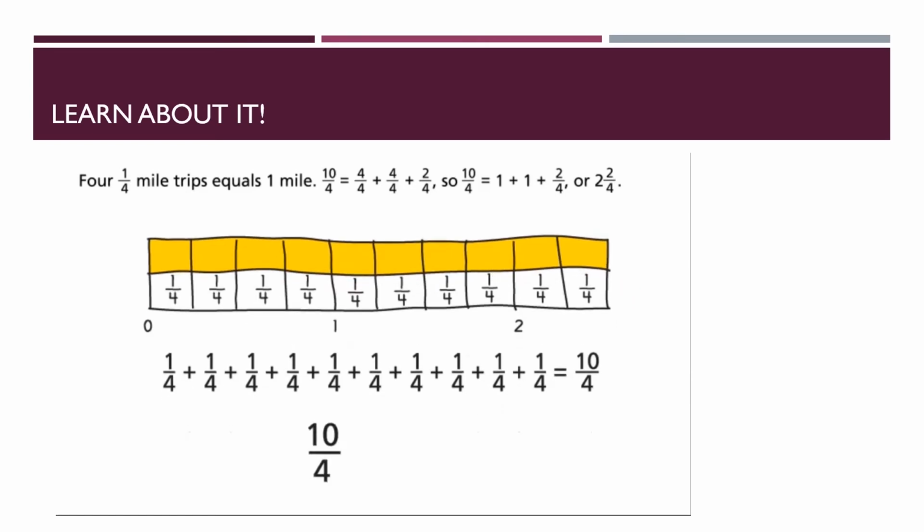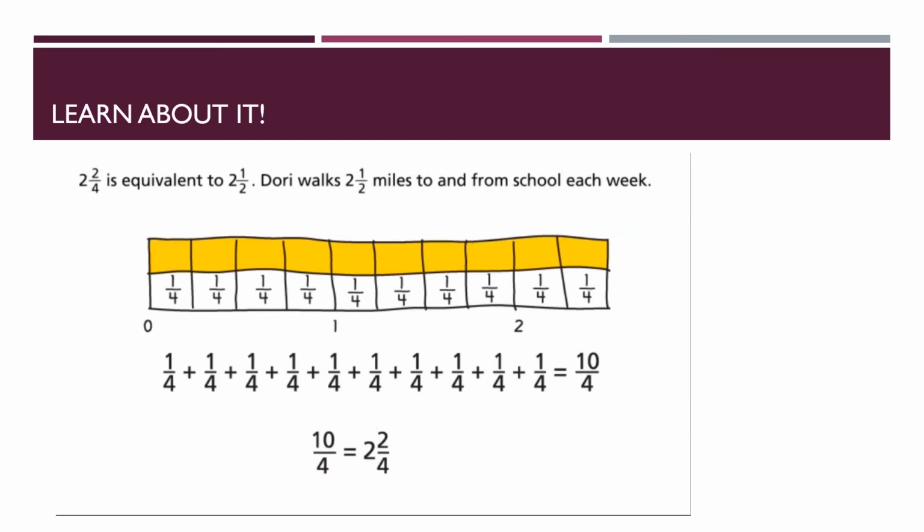So 10/4 equals 1 plus 1 plus 2/4, or 2 and 2/4. 2 and 2/4 is equivalent to 2 and 1/2. Dory walks 2 and 1/2 miles to and from school each week.